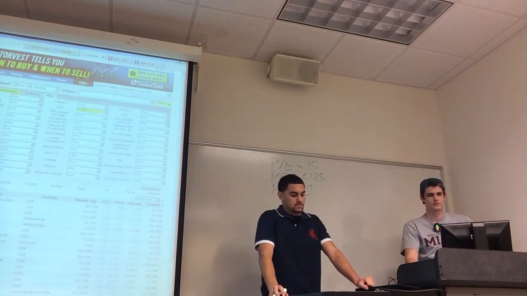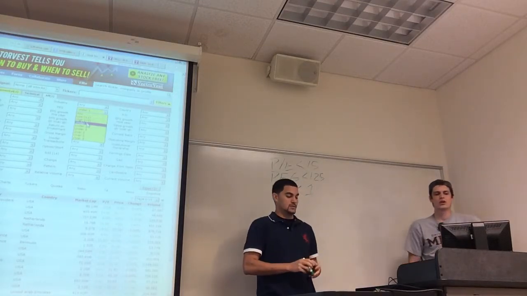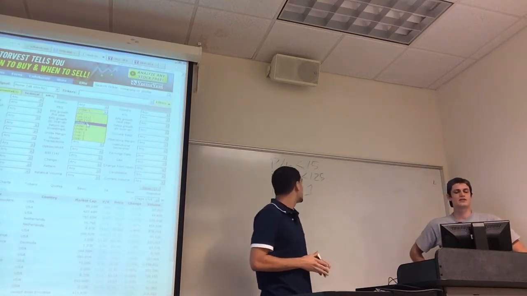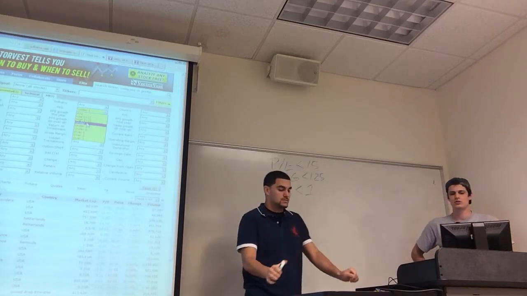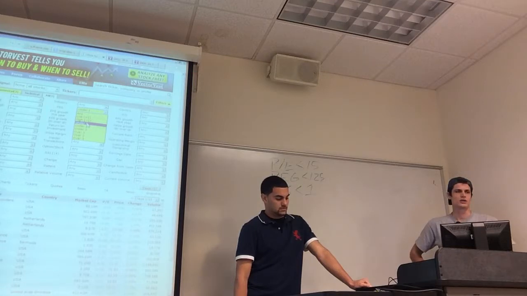So a PEG ratio less than 1.25 is not enough to find an undervalued stock by itself. You need a combination of the ratios. I'd recommend to find new stocks doing under 2, and if it's over 1, you go and check the intrinsic value, which we'll talk about later.